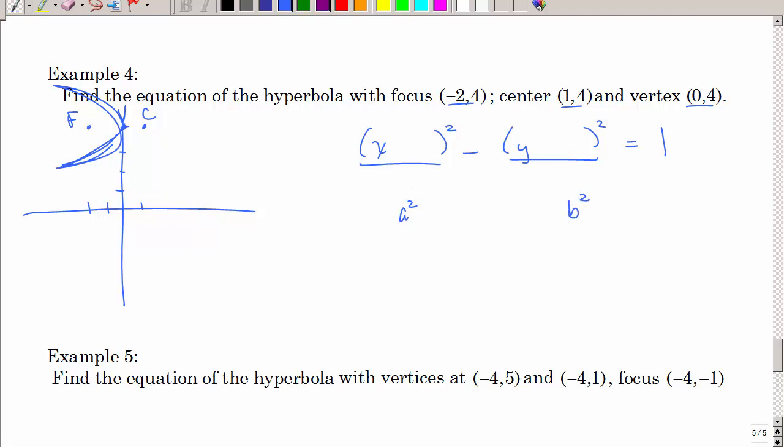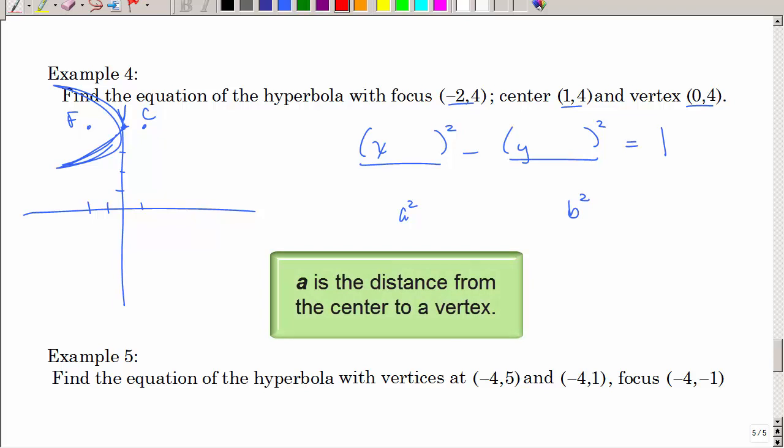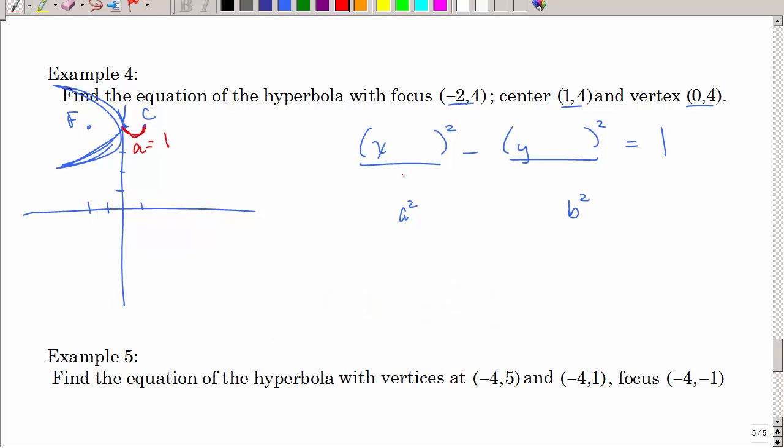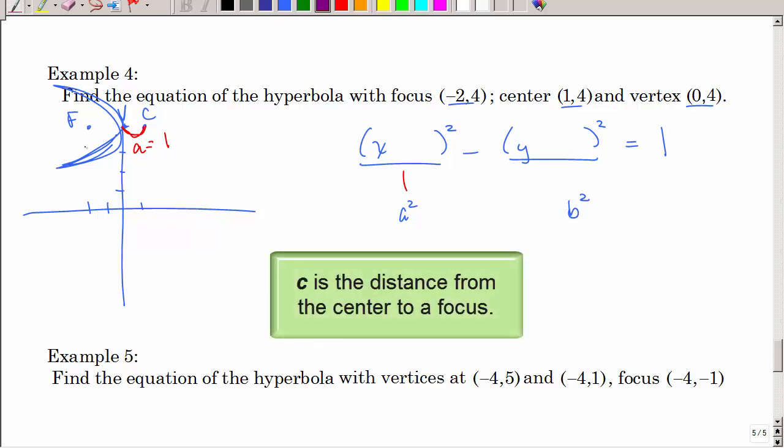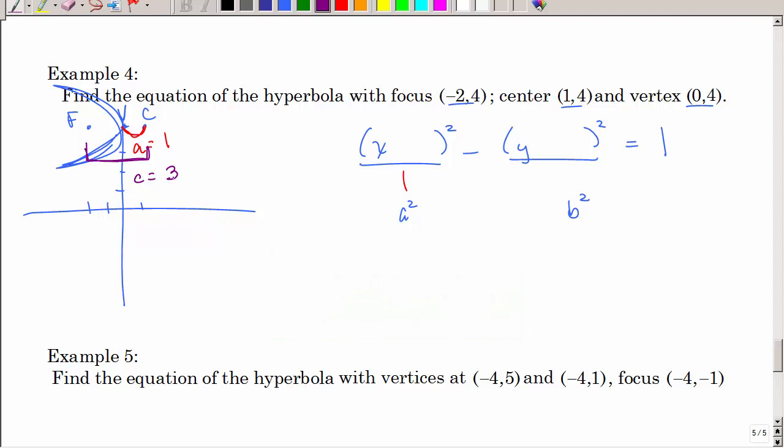Go back to the very first page of notes. A is the distance from the center to the vertex. So that's 1. So 1 squared is 1. B, don't have that, but we do have C. C is the distance from the focus to the center. That's C. How far is that? 3.